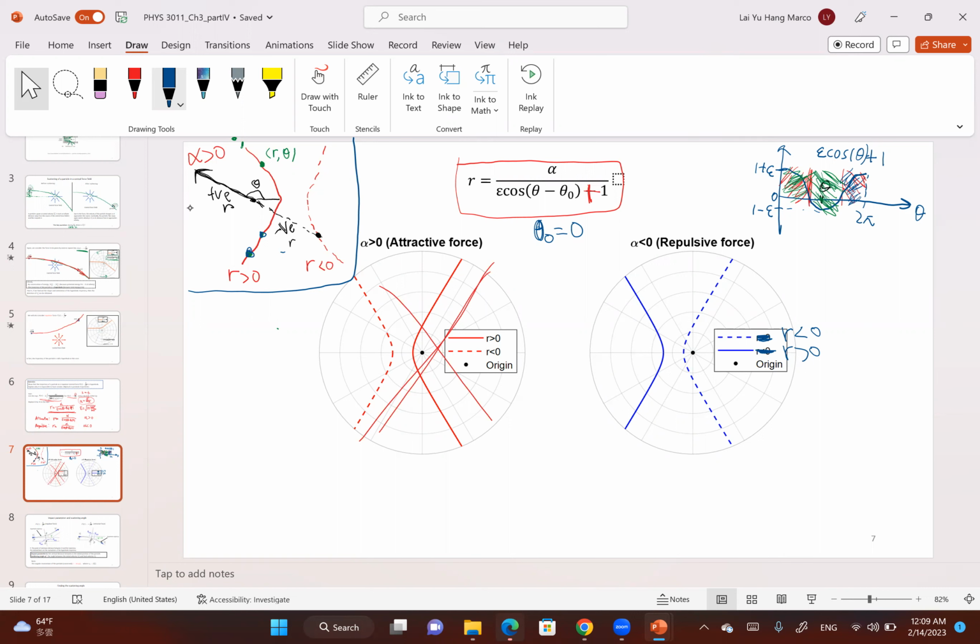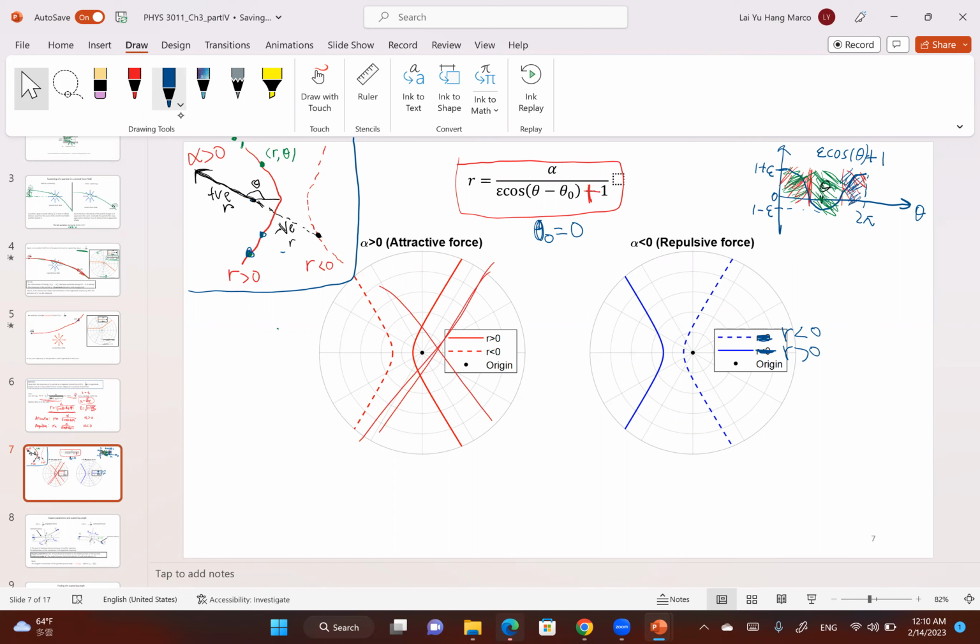Right, so now you can see for the attractive case, this solid line is the physical result, and it makes sense, right? Because the particle tends to be attracted by this point, so that's why I have this curve over here.